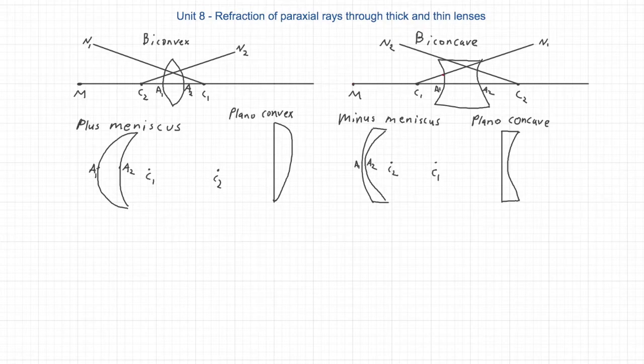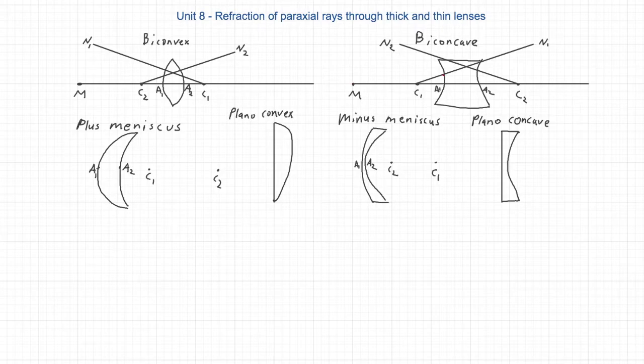If you were going to create the first surface with a compass, you would place the point of the compass at C1 to draw that curve, and if you were going to draw the second surface, you would place the point of your compass at C2 on the left side there. I've constructed normals from the center through their respective surfaces.